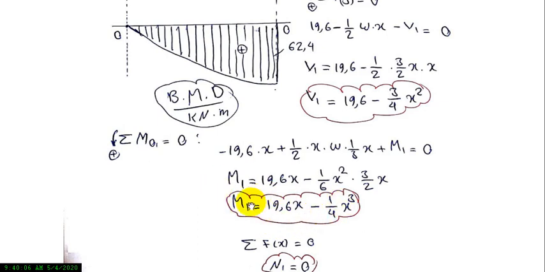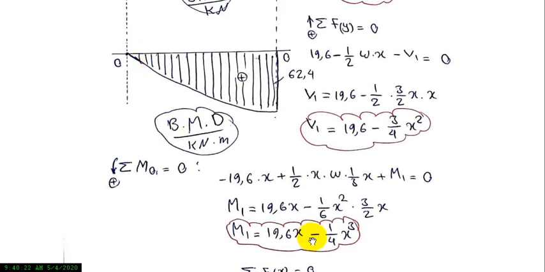It's the moment equation of this part. We can draw the moment diagram by giving a price for x. When we give 0 to x, we obtain 0, and when we give 4 for x, the price is 22.4.